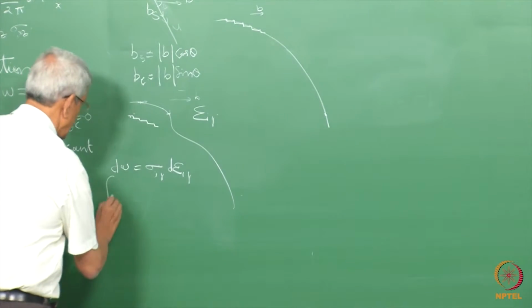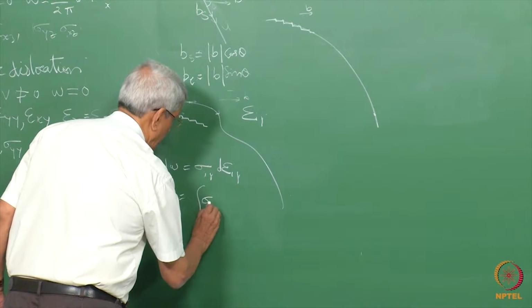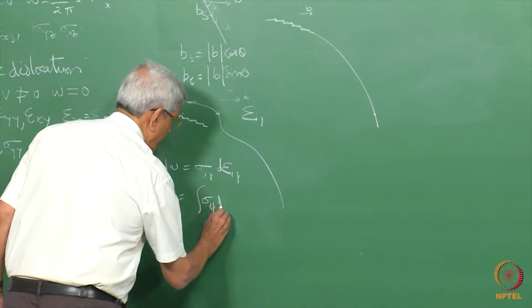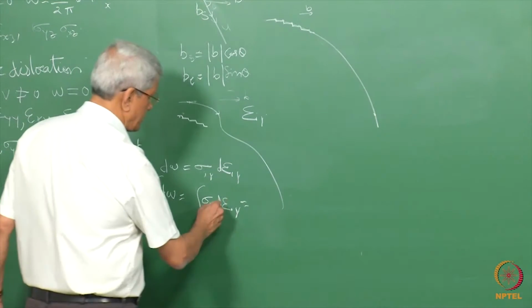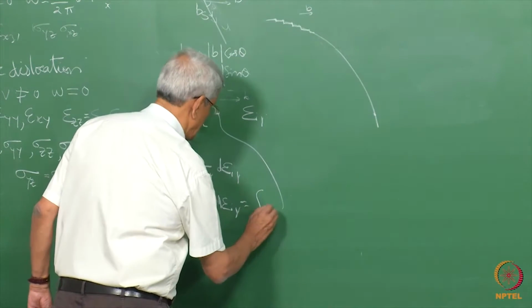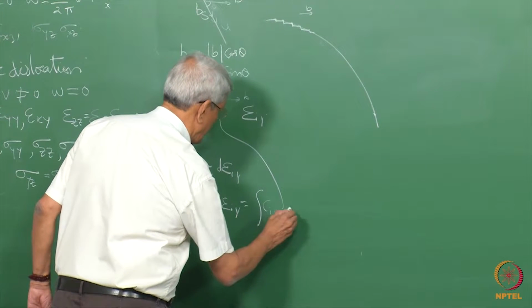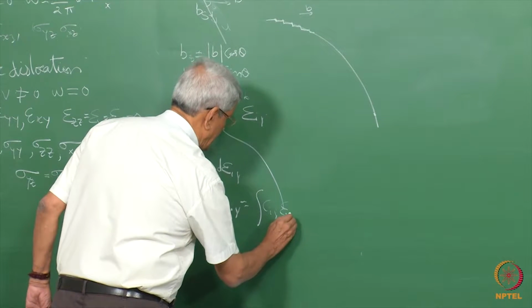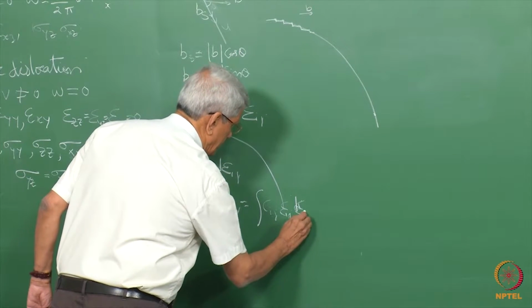Then if we integrate this, we can find out the energy. This itself can be written as, the stress can be written as Cij epsilon ij, d epsilon ij, correct?